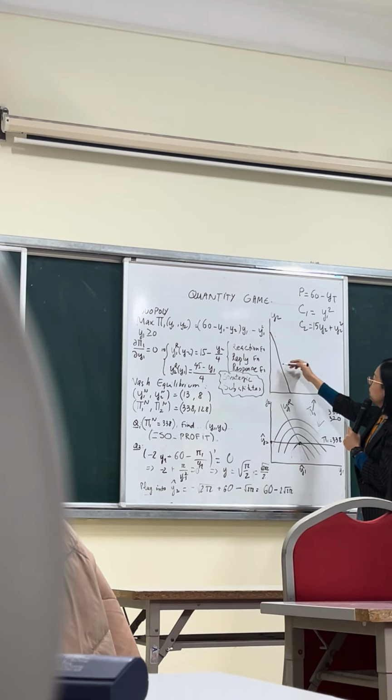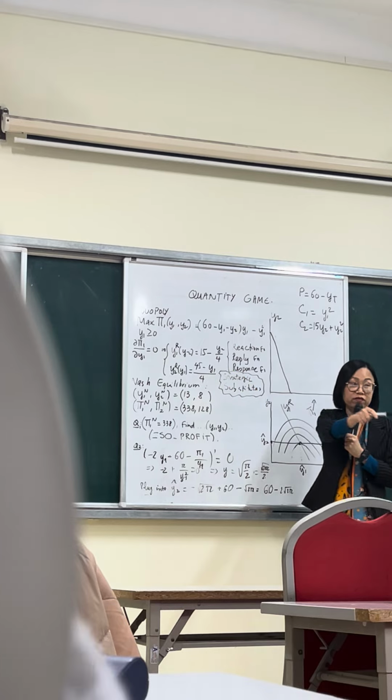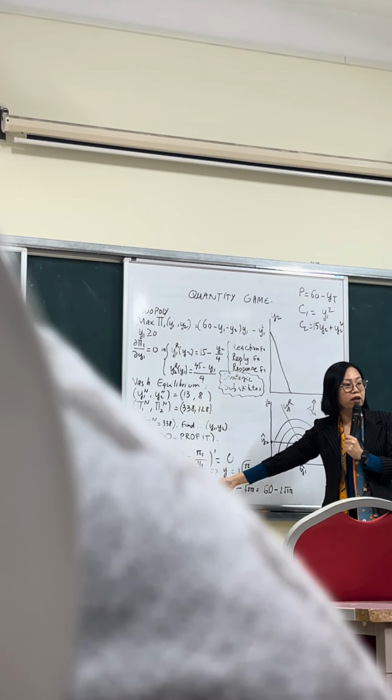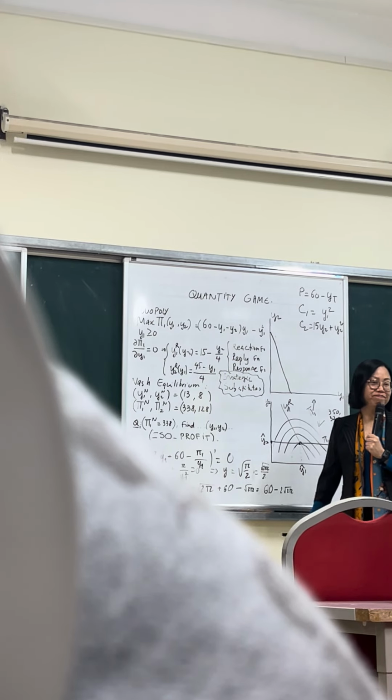So this is what it looks like. Therefore, once I give you y2 hat, you can only put it here and you have exactly the same answer as what you do here. Nothing is wrong, but it's just simpler, easier.